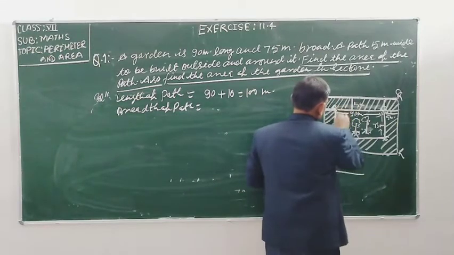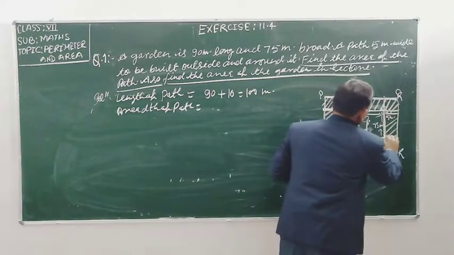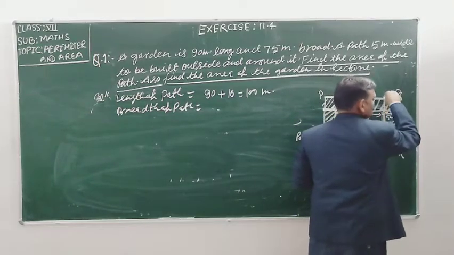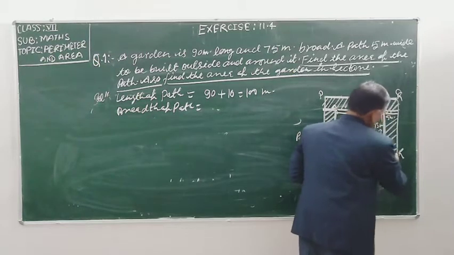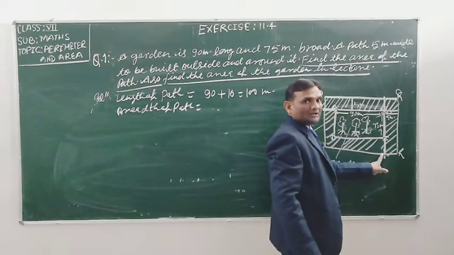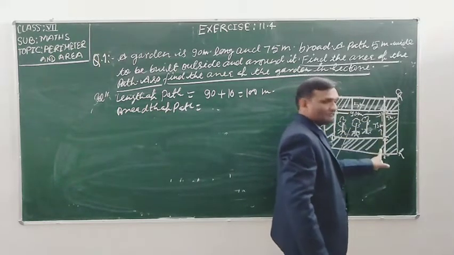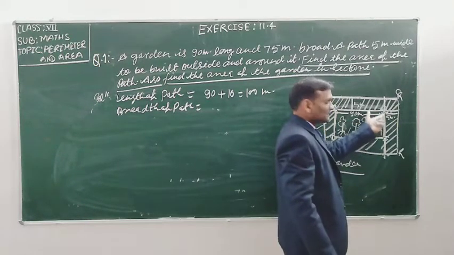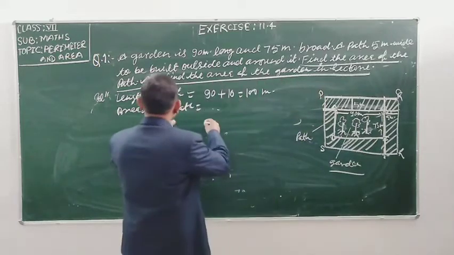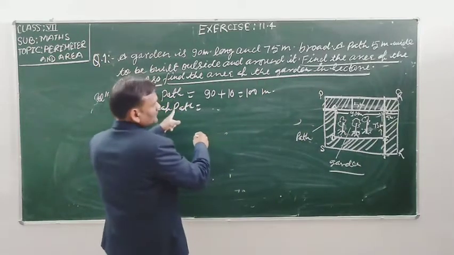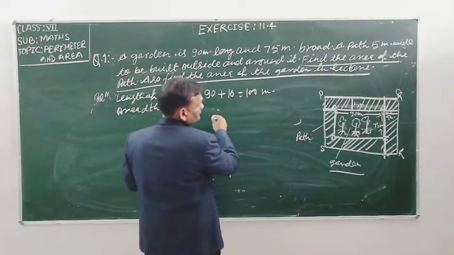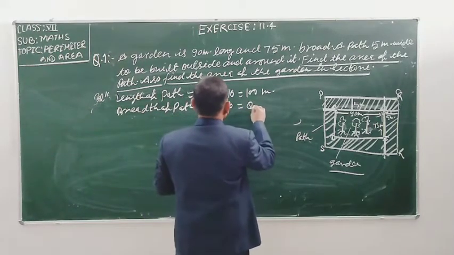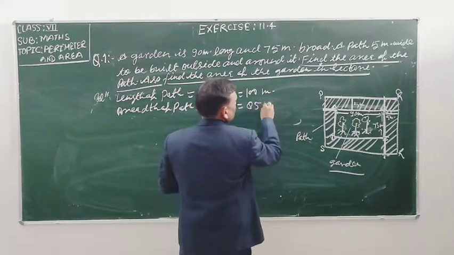So student, this is the 75 meter, and 5 meter is increased to the upside, and 5 meter increased to the bottom. So 10 meter will be increased in comparison to the breadth of the garden. So breadth of the path will be 75 plus 10, that is 85 meter.